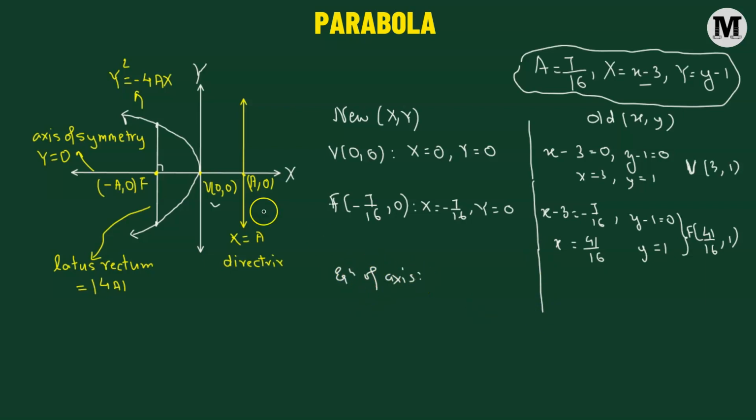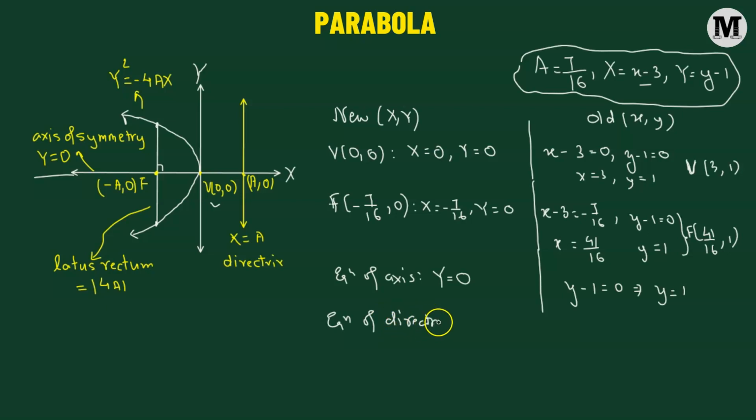Now coming to the equation of the axis of symmetry. We have defined the equation according to the new coordinate system as Y equals 0. Going back to the old coordinate system, all we have to do is replace Y with y minus 1. So we get y minus 1 equals 0, which means y equals 1 is going to be the equation of the axis. Then we have the equation of the directrix of the parabola.